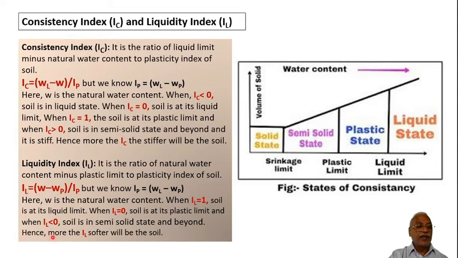Hence, more the value of IL, softer will be the soil. Here, more the value of IC, stiffer will be the soil. Look at that. That is the drastic difference between consistency index and liquidity index.